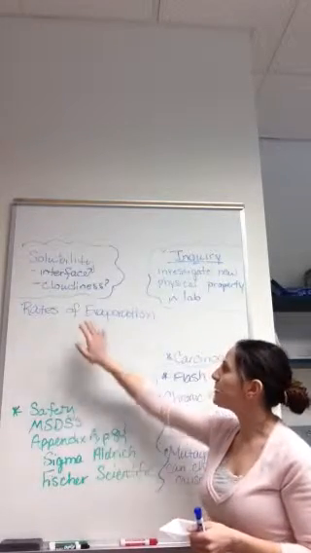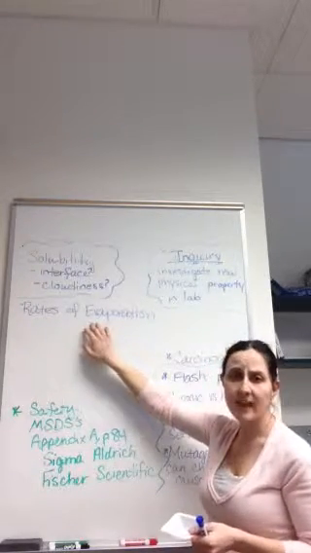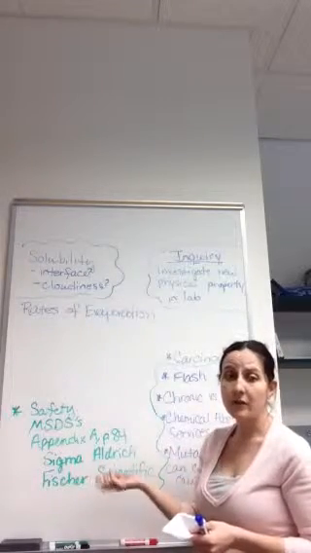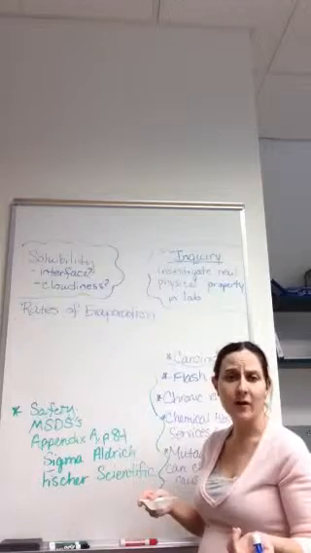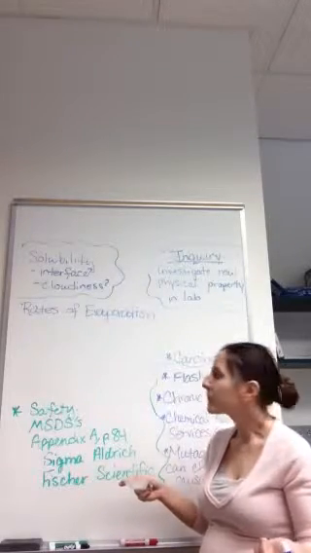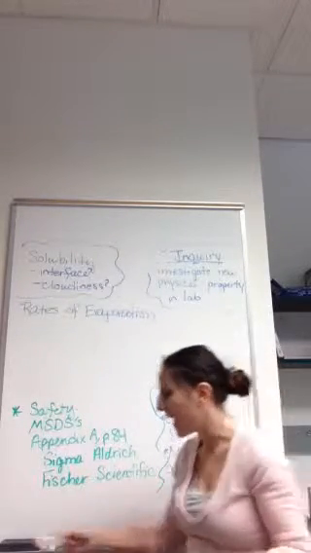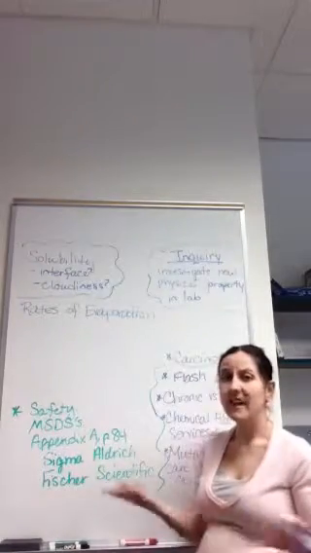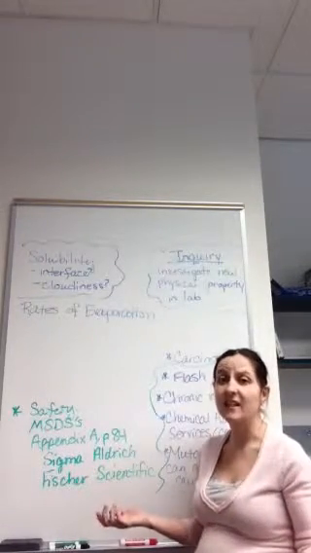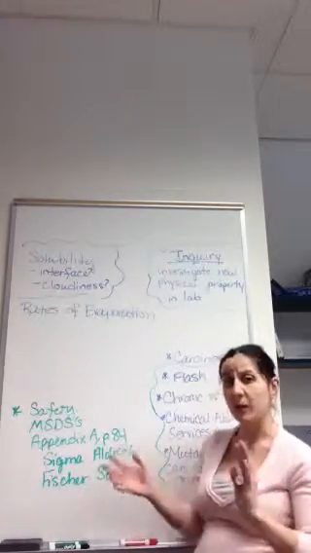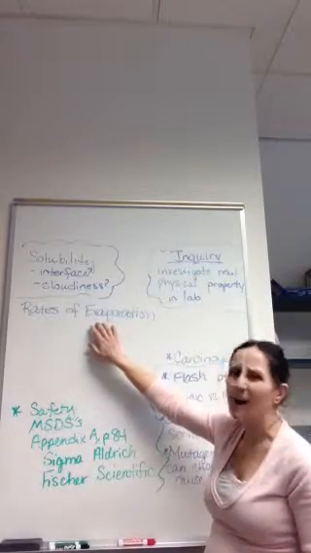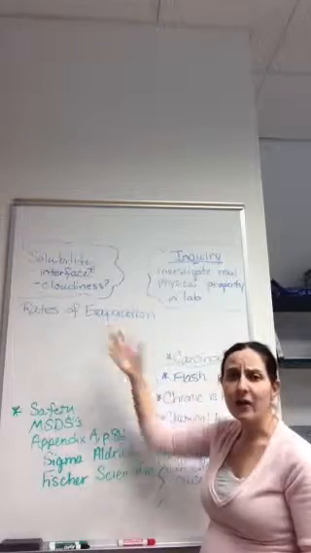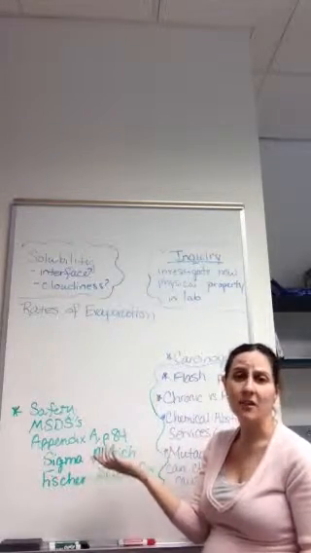One thing to keep in mind is that the smaller the amount of substance you start with, the less time you have to wait around for it to evaporate. If you have 10 milliliters of something, it's going to take longer to evaporate than if you have just a couple of drops. But then you also want to balance that with, how accurate is it if I only start with 2 drops of hexane?